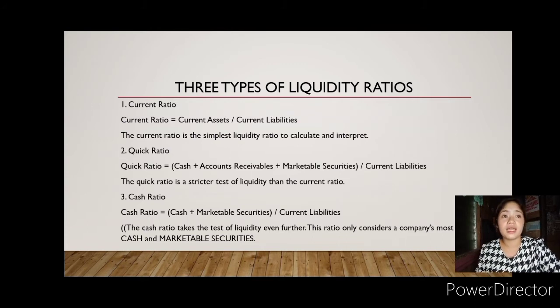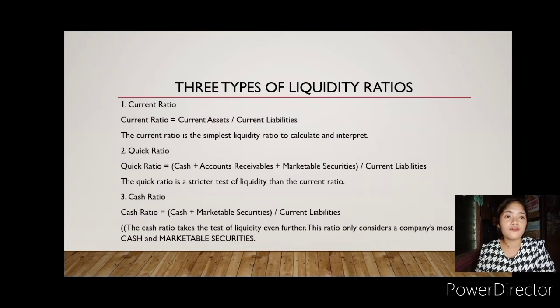It is logical because the cash ratio only considers cash and marketable securities in the numerator, whereas the current ratio considers all current assets. Therefore, an acceptable current ratio will be higher than an acceptable quick ratio. Both will be higher than an acceptable cash ratio.